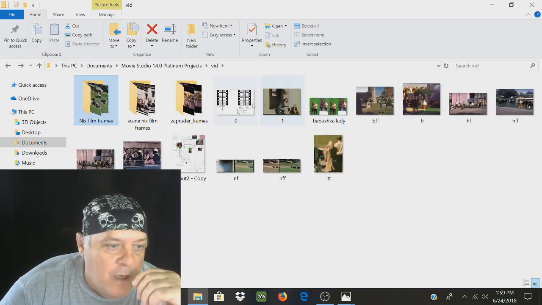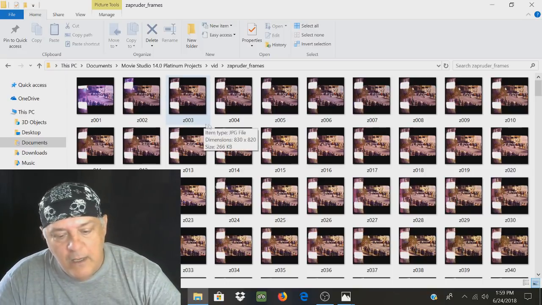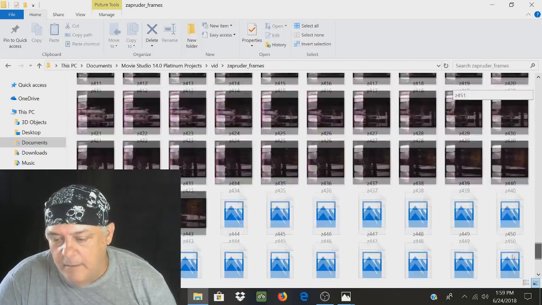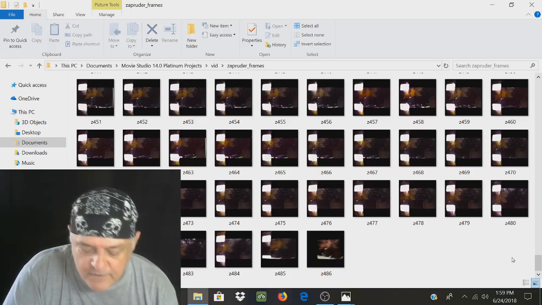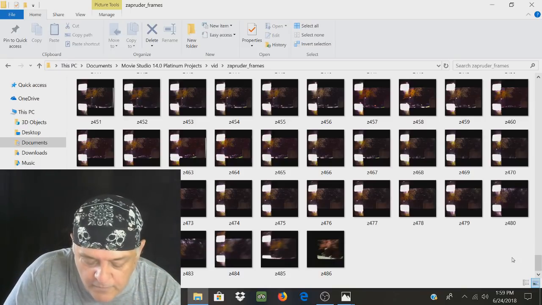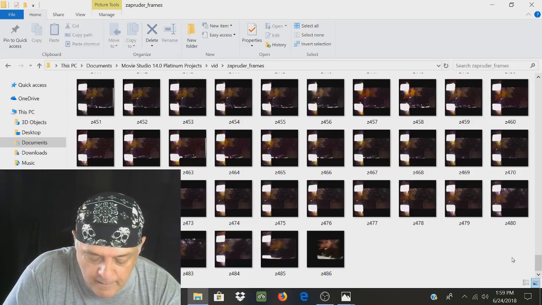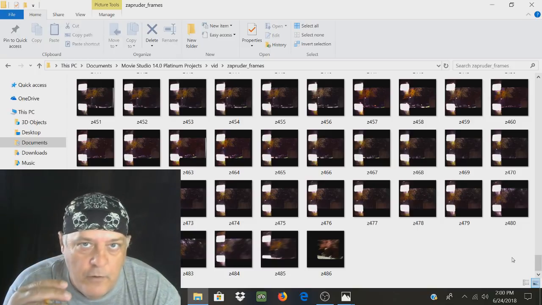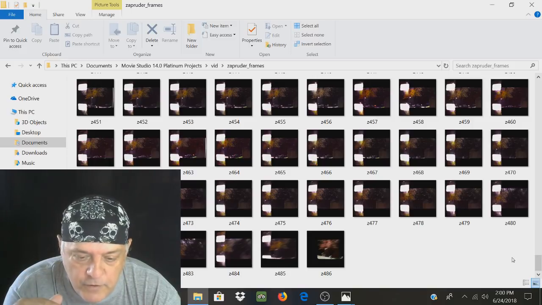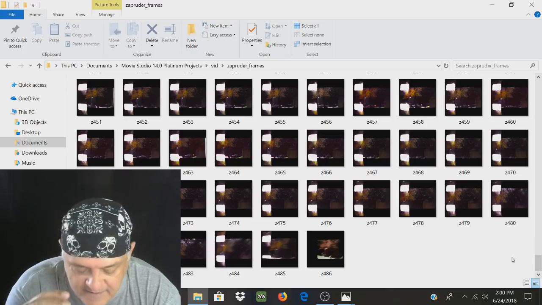Because when you look at the JFK assassination, there's 486 frames. Well, what we're going to do is take away the first 132, because remember, frame 001 to frame 132 just shows Elm Street, but it doesn't show any of the assassination.